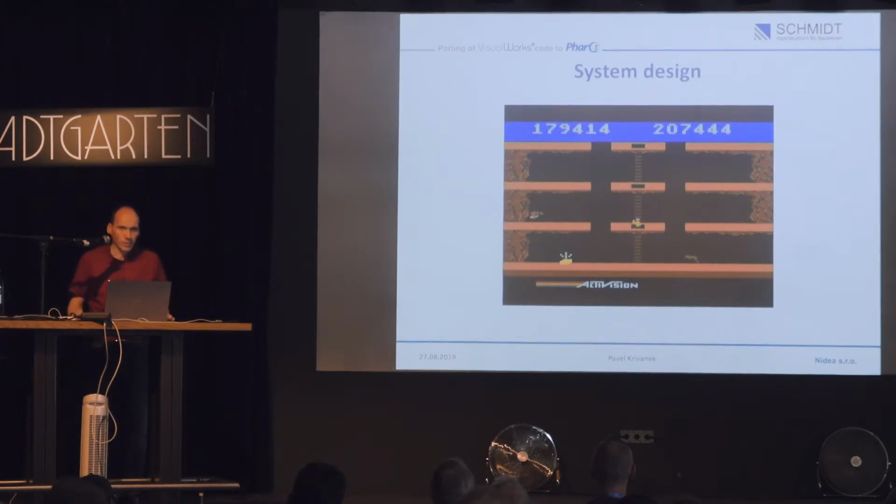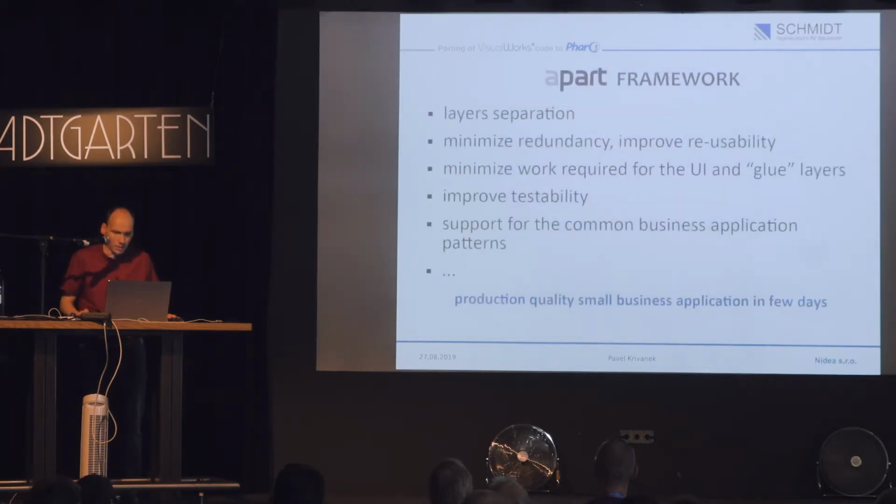When you're transforming the system, it also helps if you have a good structured layered design. If you have some bees, they are only on one level. And we are lucky that the Predicate Maps application uses the Apart framework, which is great code written by Richard Utner. It's a framework that tries to really separate the model layer from the UI part and minimize the need of gluing logic and improve the stability and things like that.